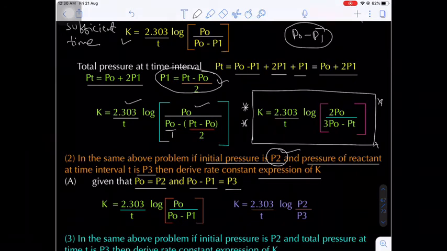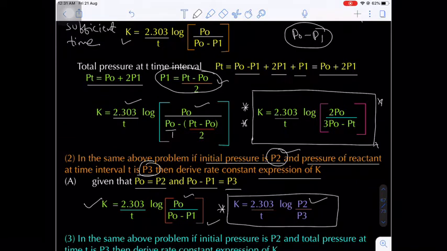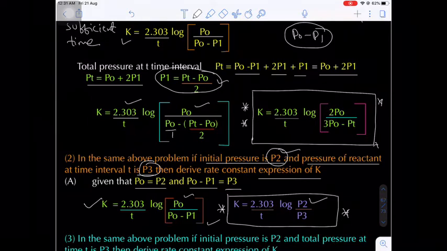So directly you can put the P0 value and the P0 minus P1 value, that is the P3 value, in the first order rate constant expression, that is K is equal to 2.303 by T log of P0 by P0 minus P1. P0 value given in the question is P2, and P0 minus P1, that is the partial pressure of reactant at a certain time interval T, is given as P3. So directly substitute these two values, so we will get the rate constant expression. Okay, now the rate constant expression changes, because depending upon the information given in the question, the rate constant expression changes.